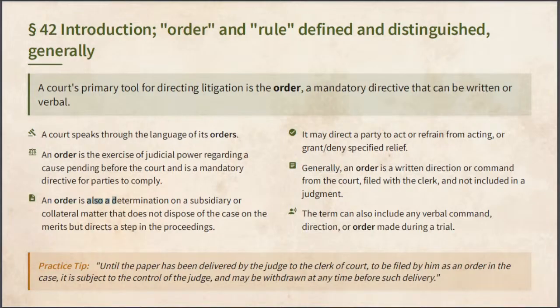An order is also a determination on a subsidiary or collateral matter that does not dispose of the case on the merits, but directs a step in the proceedings. So the term can also indicate any verbal command, direction, or order made during a trial.